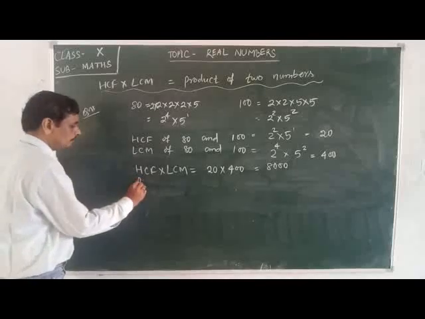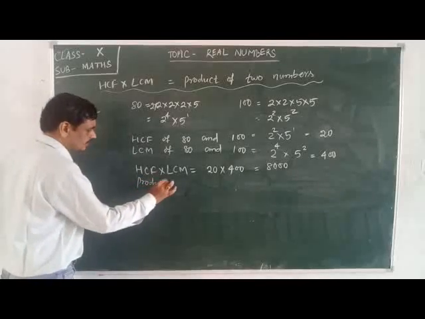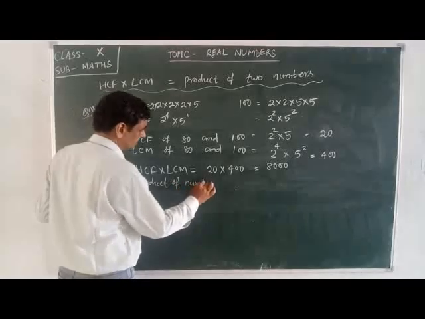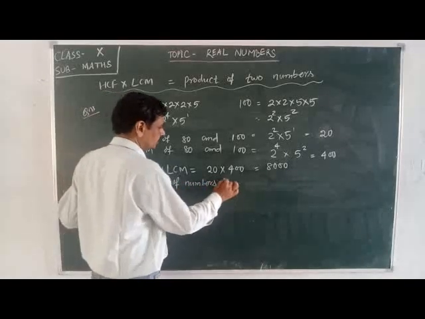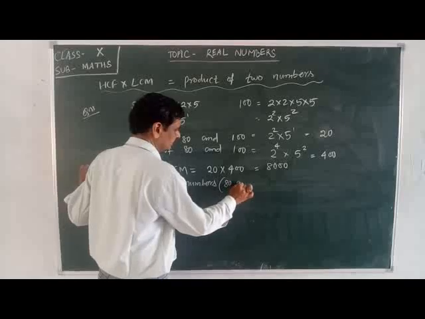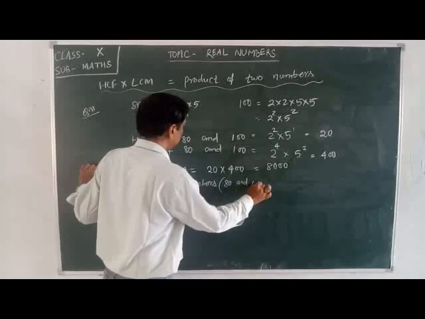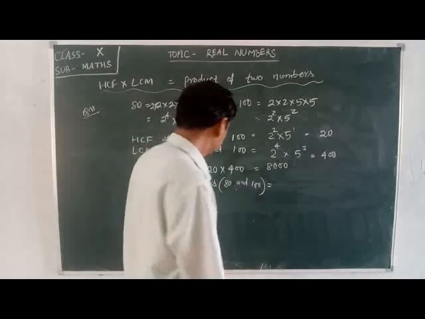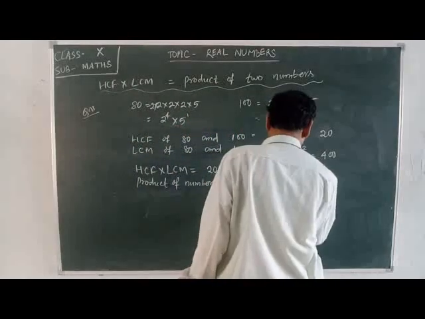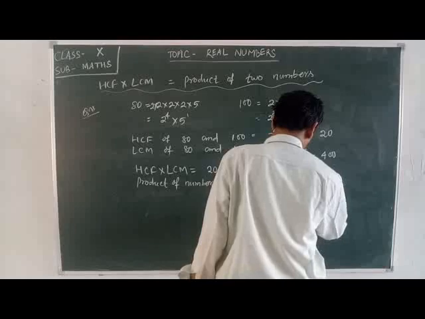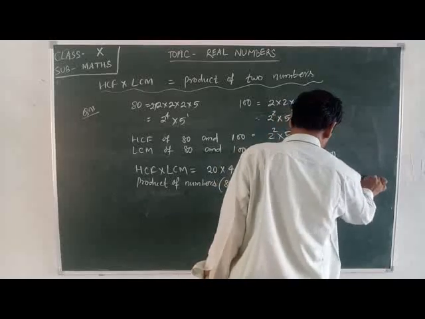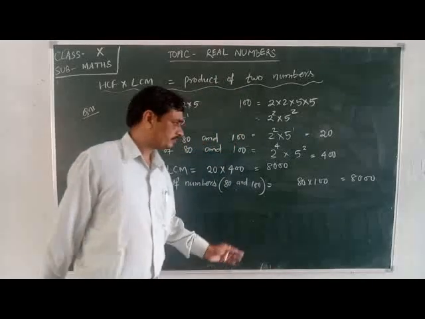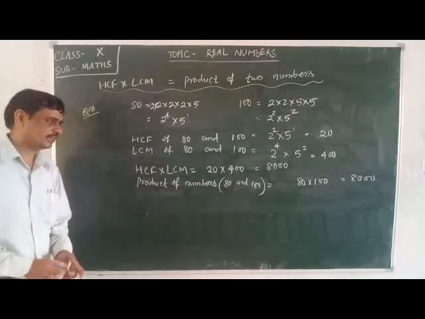Now, the product of both the numbers, that is 80 and 100. The product is 80 into 100, which is 8,000.